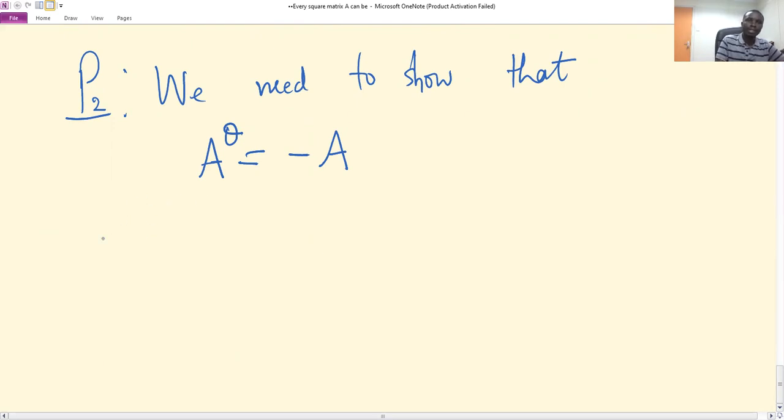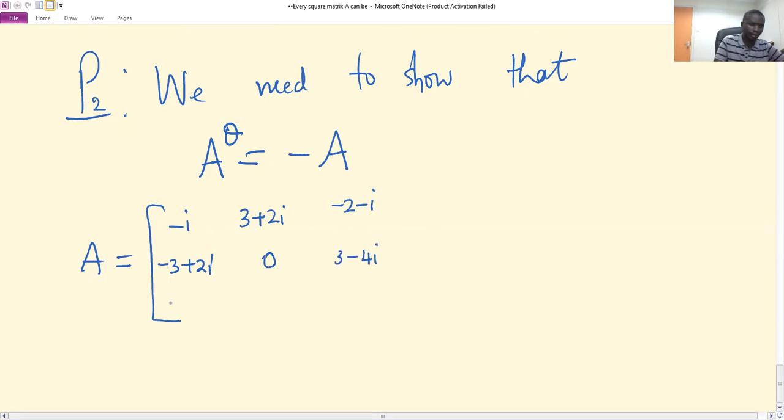So in this case, A is given for problem 2 by minus i, 3 plus 2i, minus 2 minus i, and then minus 3 plus 2i, 0, 3 minus 4i, 2 minus i, minus 3 minus 4i, and then minus 2i. This is the A matrix.